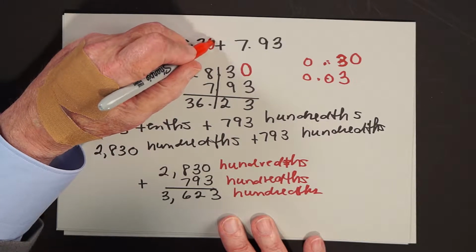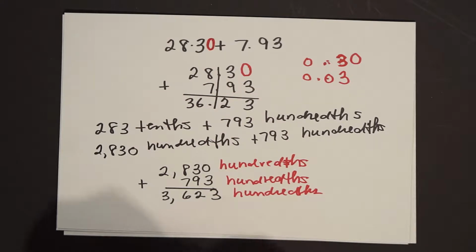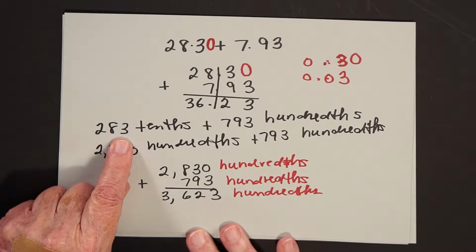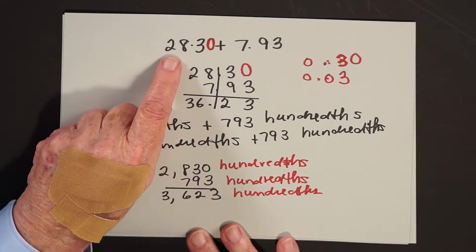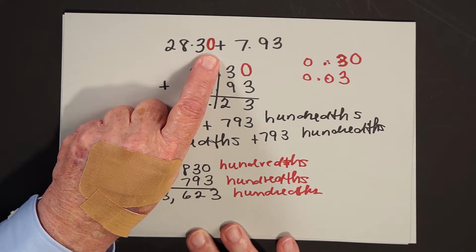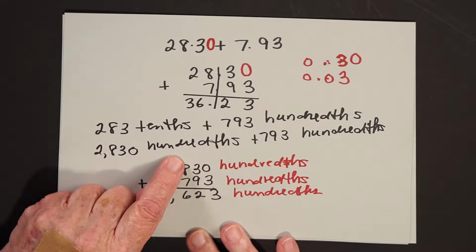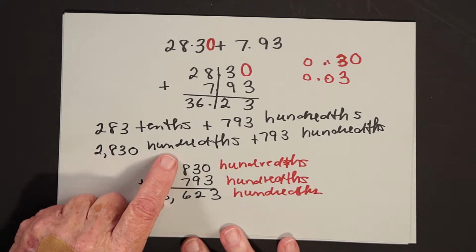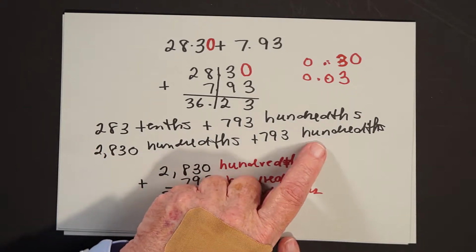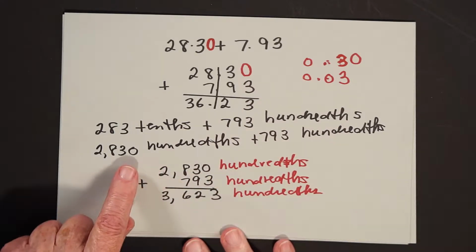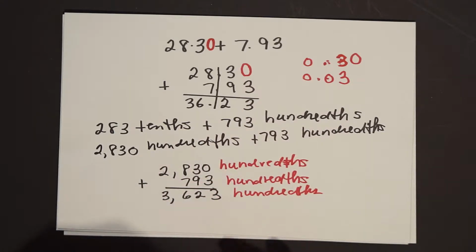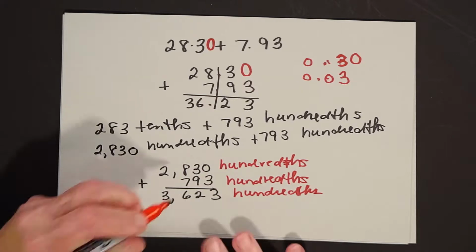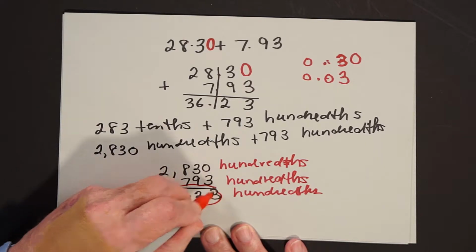So here's the case where I would put in this 0, and what I would say is, another name for 283 tenths is 2,830 hundredths. So now the problem becomes 2,830 hundredths plus 793 hundredths. Because the two adjectives are modifying the same noun, now we can add them, exactly like we did over here.